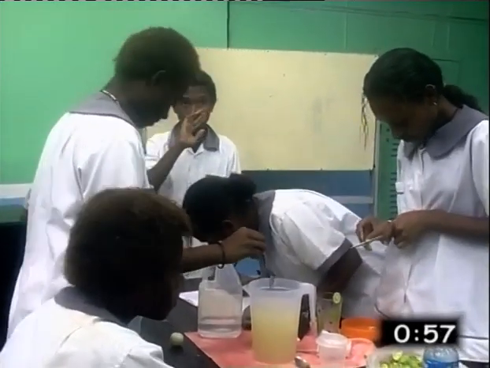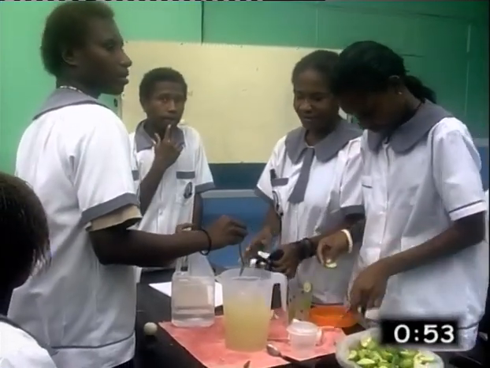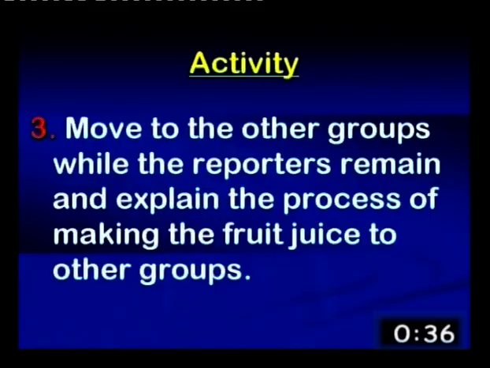All right, I will not start until everyone is quiet. We are going to move to other groups. The reporter will remain. Reporter, you remain where you are. And the rest of the members will move to the groups that I will let you go to. And the reporter will explain to you how they have made their juice.